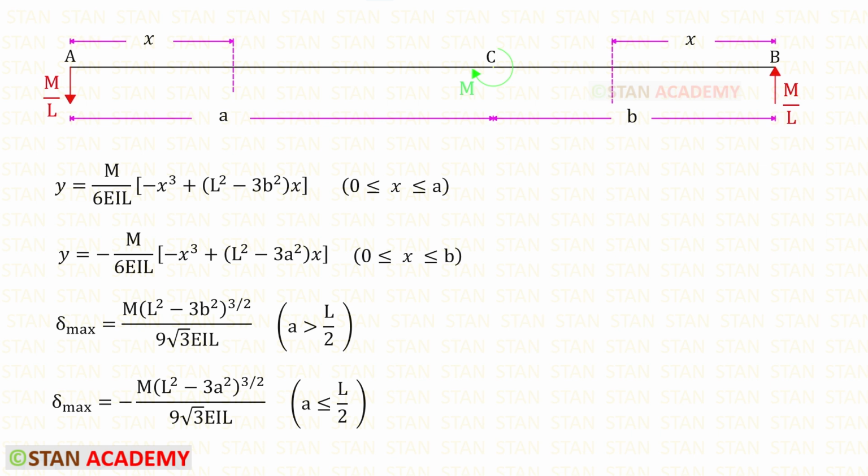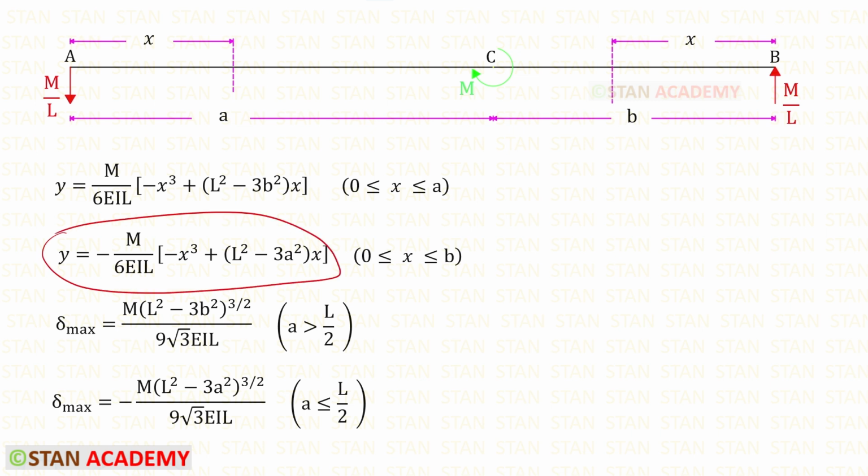Now let us see how to draw the elastic curve. We have just before made this expression. This is only applicable from the point A to the point C. That is when x varies from 0 to a. To find from B to C, we can use this expression. There are two changes. Here it is positive, but here it is negative. And instead of b, we have to apply a.